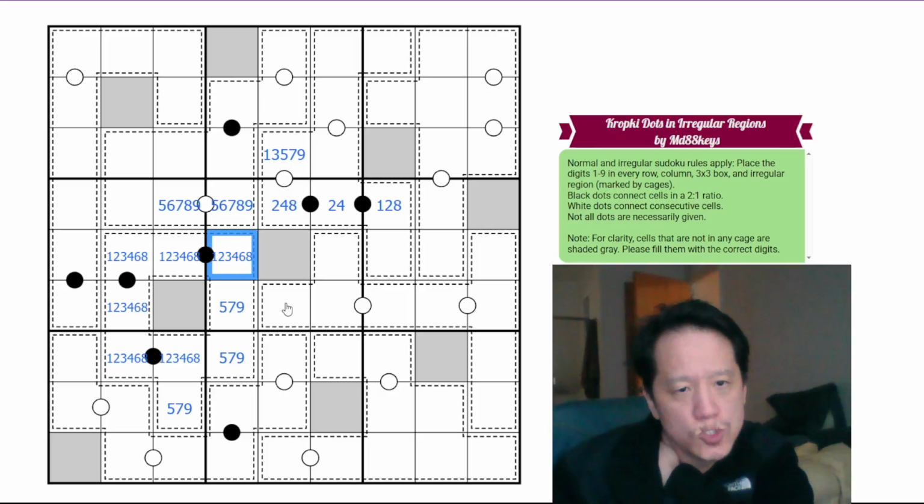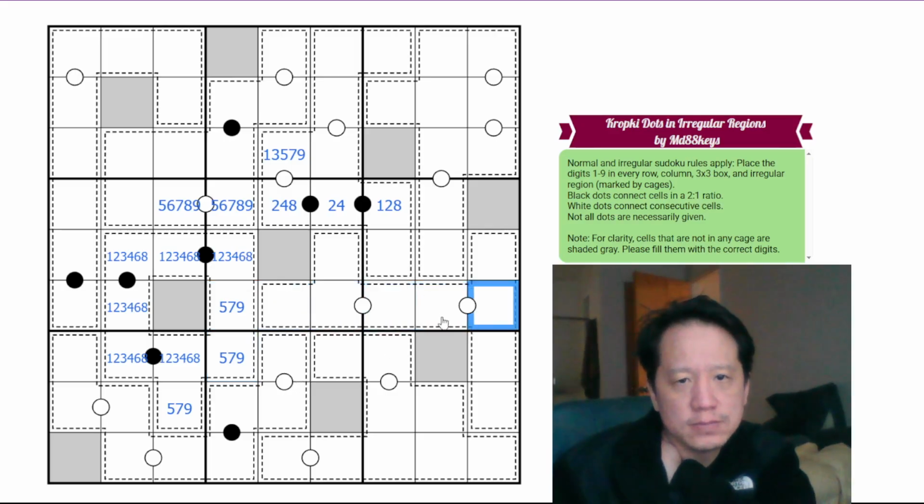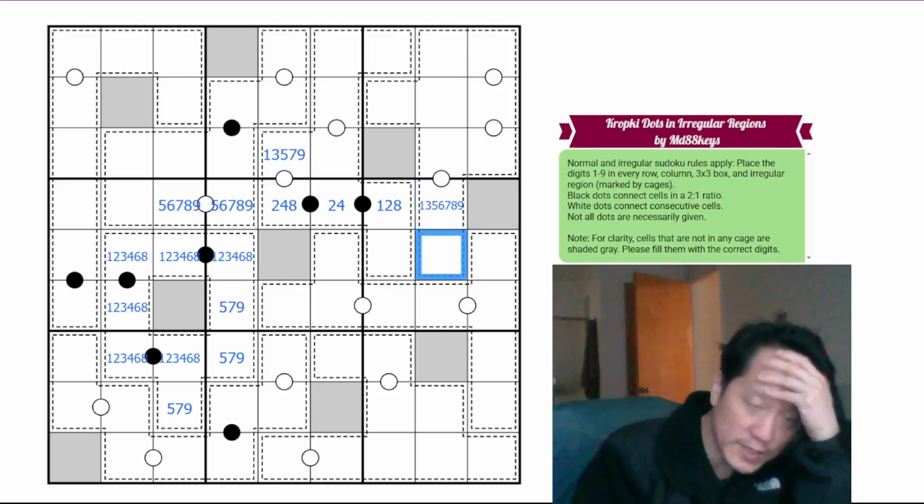These 2 digits must match these 2. So this is 1, 3, 5, 6, 7, 8, 9.